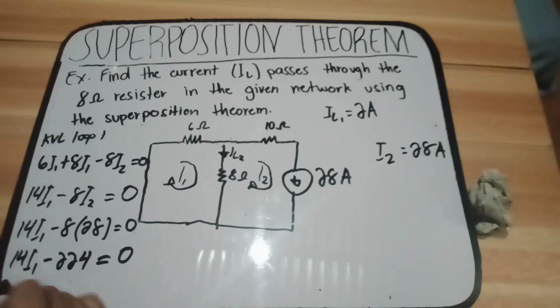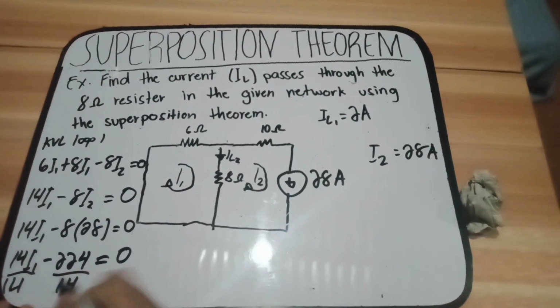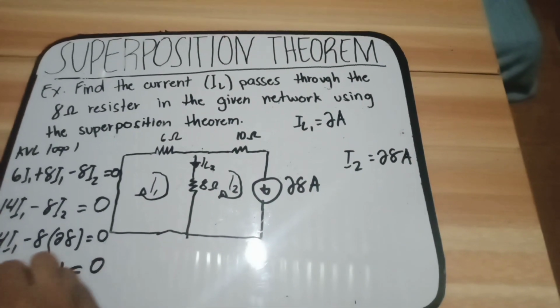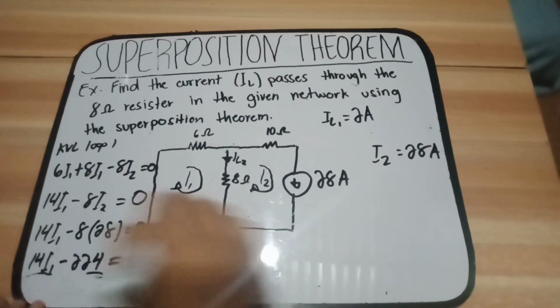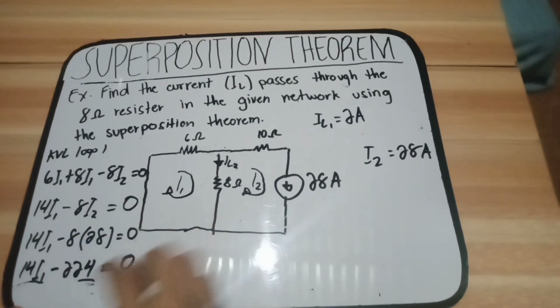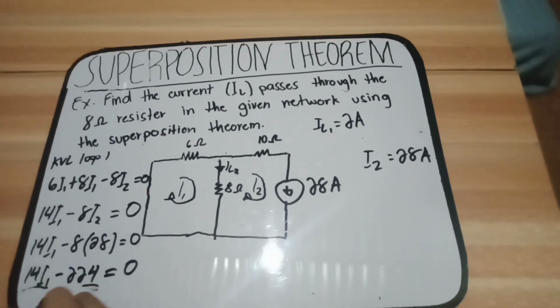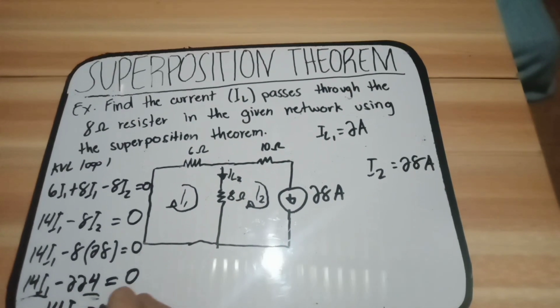Ngayon, didivide na natin ang 14 dito. Ay, kulang. Mali pa pala. Ililipat natin ang 224 dito sa kabila. So, magiging ganito na siya. 14 I1 is equal to 224.